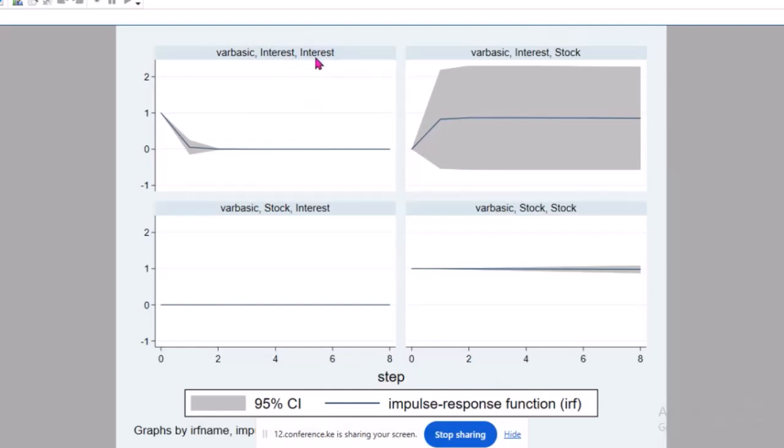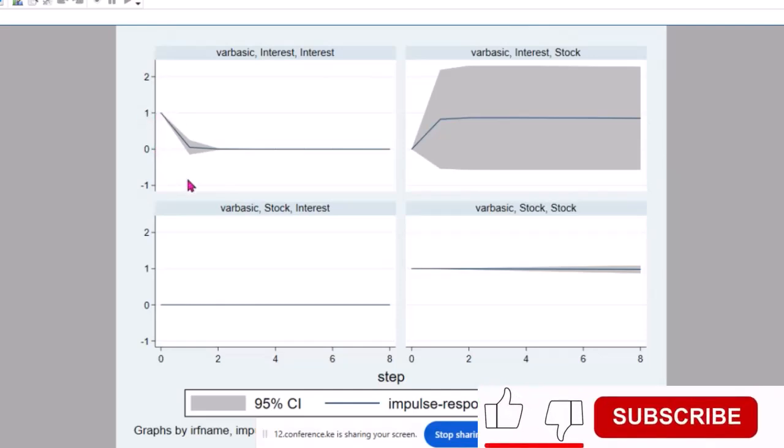If we concentrate on this first graph, on the left side, it shows the magnitude of the shock, and it usually ranges from -1 to 1, whereby 0 means 0 and 1 means 100%. Then below, these are the periods that we included, 0 to 8.